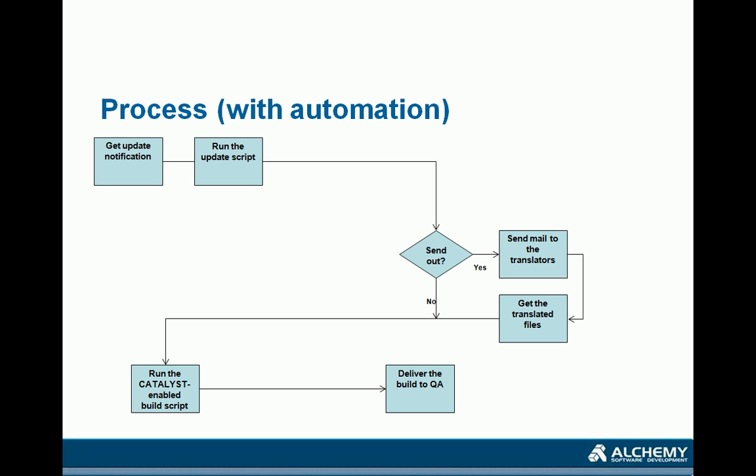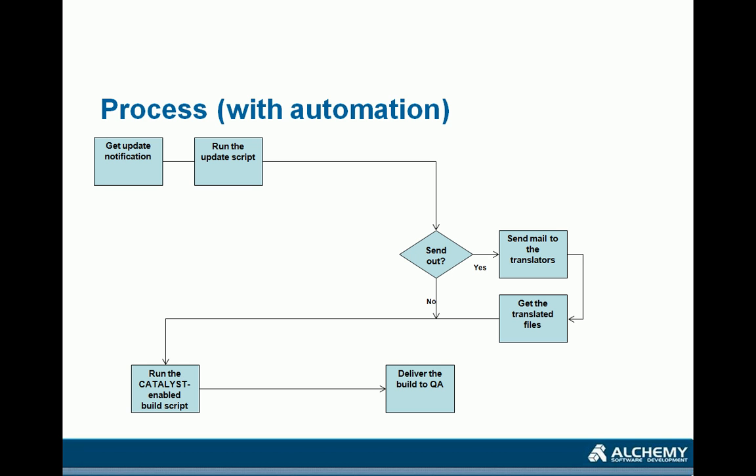And then we'll continue, and the automation then will pick up the files, run the validation expert, and generate the target files. We can then have a look at the validation report and decide whether we can create the build or not. In some cases, the build system itself will actually be Catalyst enabled, which means that it will itself create the translated version of whatever English build it is currently building for French or for any language chosen.